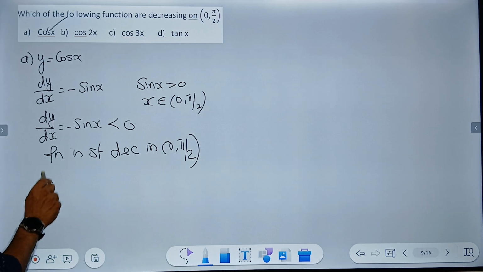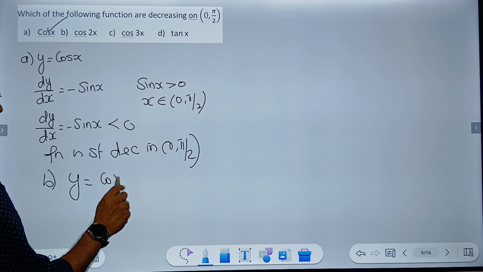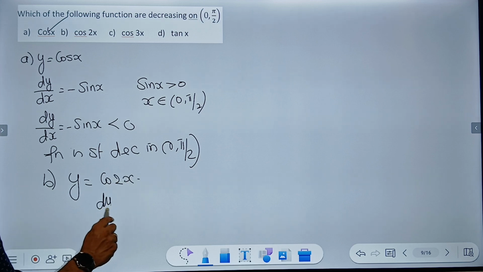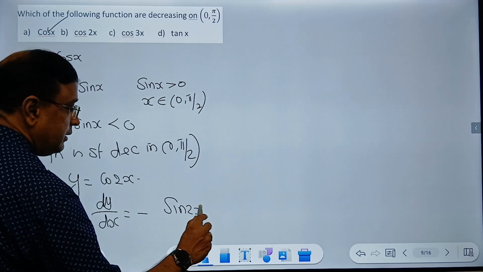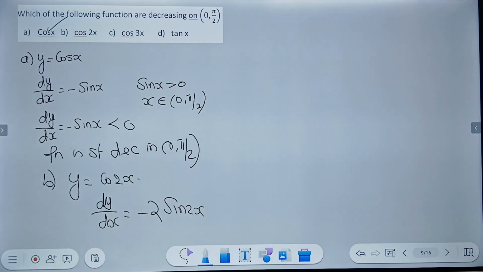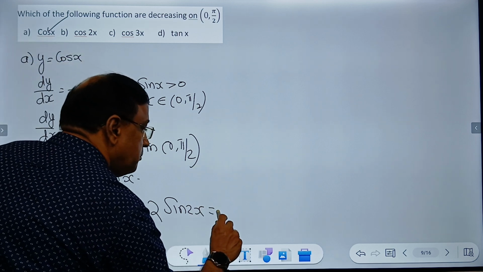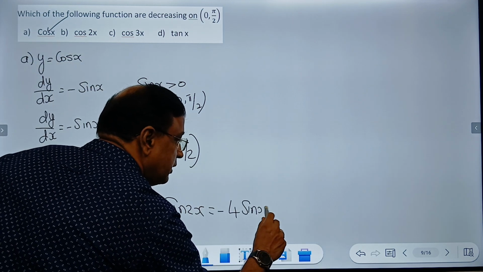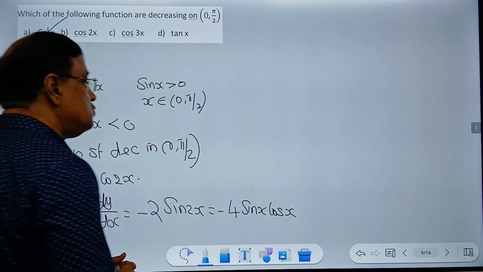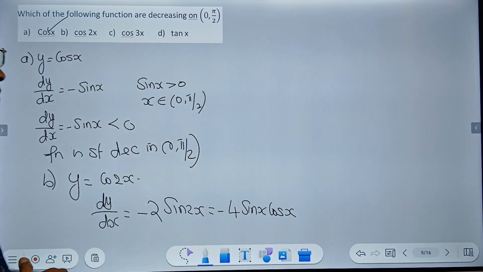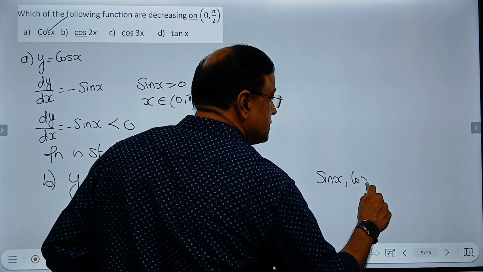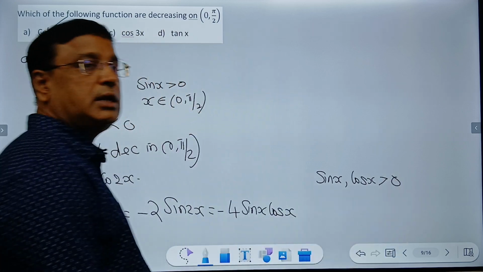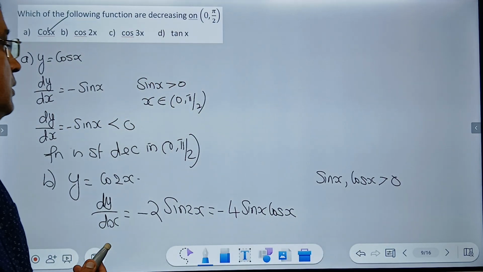The B part is y equal to cos 2x. Now what is dy by dx? Dy by dx will be minus sin 2x, and differentiation of 2x is 2. So can I say this is minus 4 sin x cos x? What did I do here? I wrote sin 2x as 2 sin x cos x. So it is minus 4 sin x cos x. Now in 0 to pi by 2, clearly sin x and cos x are both positive.